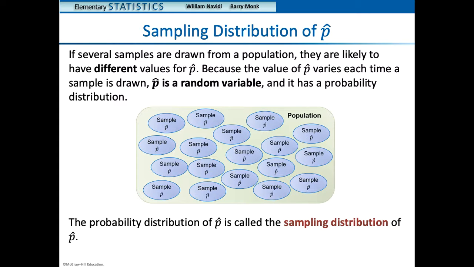They'll be composed of different individuals. And for each sample, we could compute a sample proportion. And because each sample proportion is based off of a different sample, the sample proportions will differ from each other. And so we can treat the sample proportion as a random variable, which means it has a probability distribution. And the probability distribution of the sample proportion is called the sampling distribution of the sample proportion.